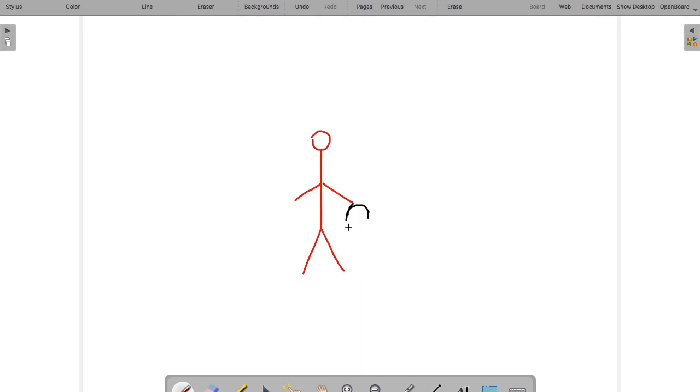Just let me draw that. It's going to be like this, okay? And this bucket has the water inside, and then this guy starts rotating the bucket around in a rotational movement with a certain speed.